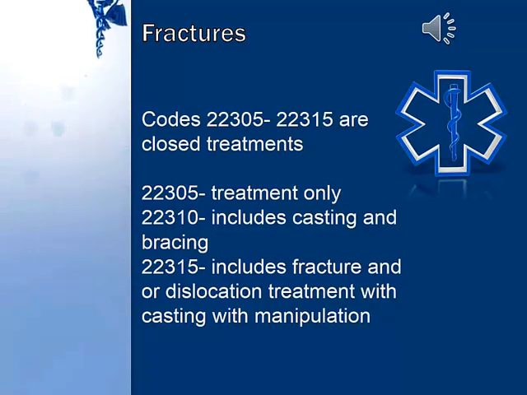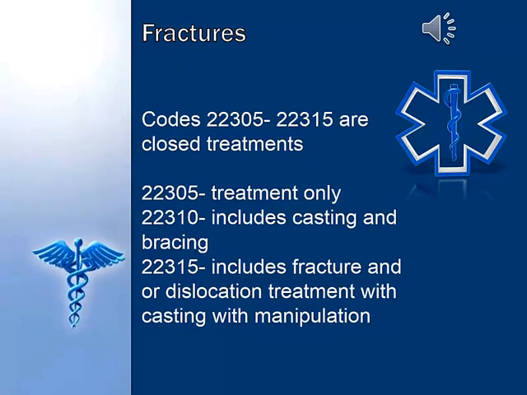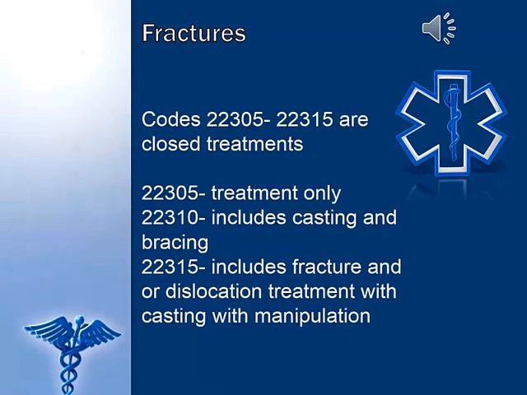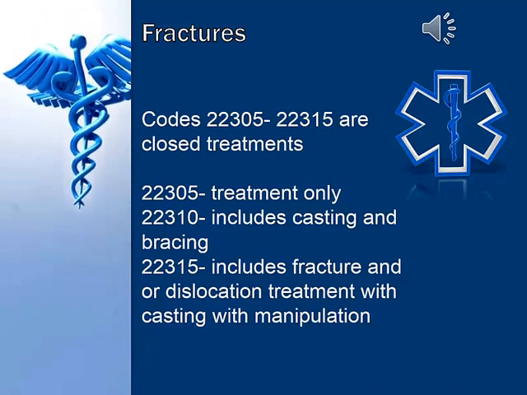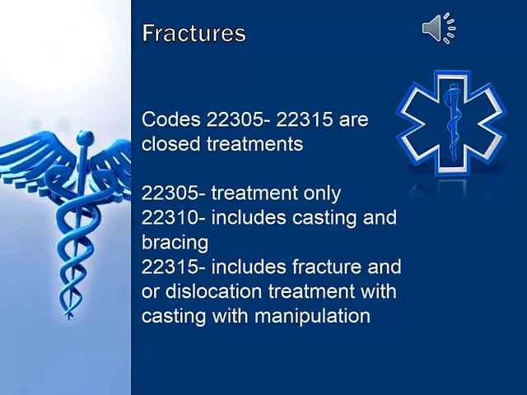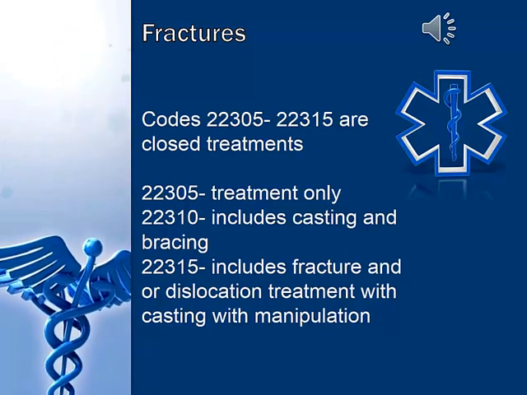Code 22315 includes the vertebral fracture, of course, but it also includes a dislocation treatment. So if a dislocation is being treated instead of the fracture, you can use this code, and it says "and/or." So it can be a fracture and dislocation being treated at the same time. You would use this code.